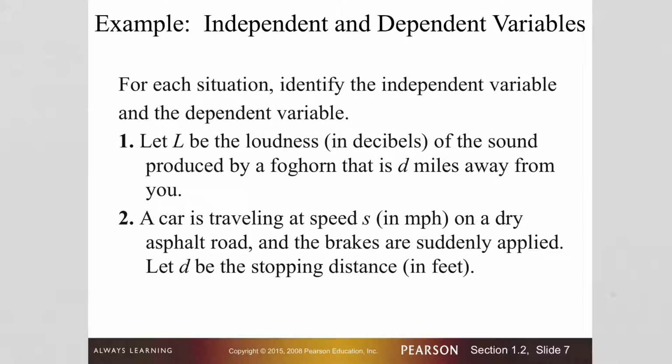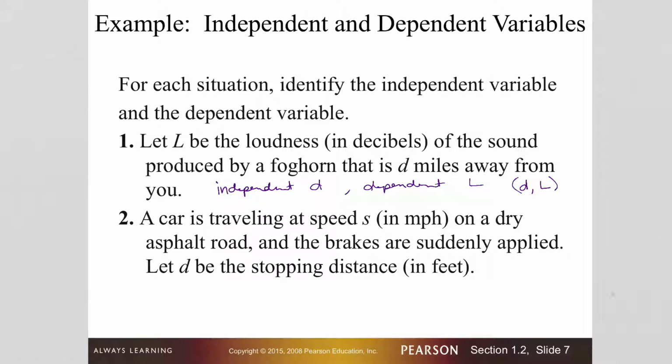So we would say that your independent is D and your dependent is L. Okay, and if we were writing this as an ordered pair, the shorthand version of this would be D, comma, L.